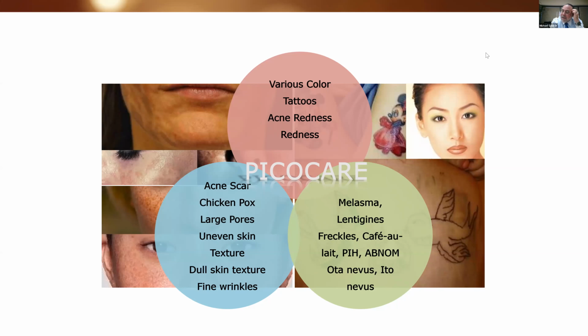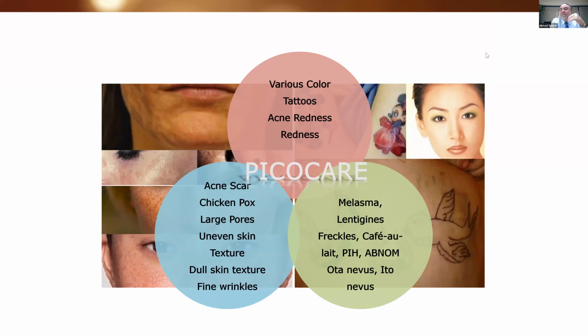The other comment that was made: when you think Pico, think of that one slide that was shown. You have a rock, nanoseconds produce pebbles, picosecond lasers produce sand. And as was noted, sand is much easier for macrophages to remove than pebbles. That's why it works so much better in anything that we're treating.